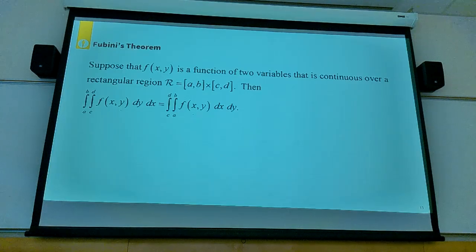Then the order in which you integrate doesn't matter, is what Fubini's theorem is saying for rectangular regions. So you can either do dy dx or dx dy. Well, that's very similar to what Clairaut said, right? Where the order in which you take the mixed partial doesn't matter.